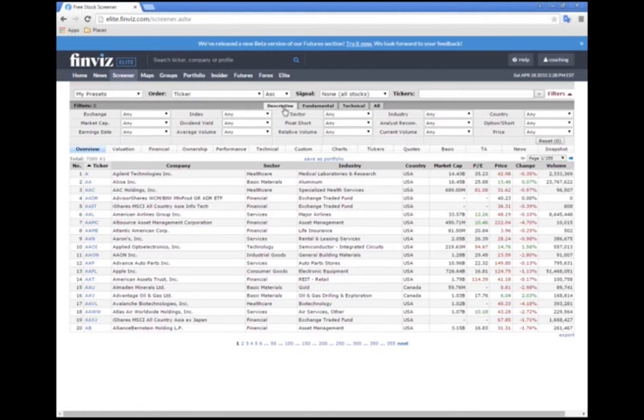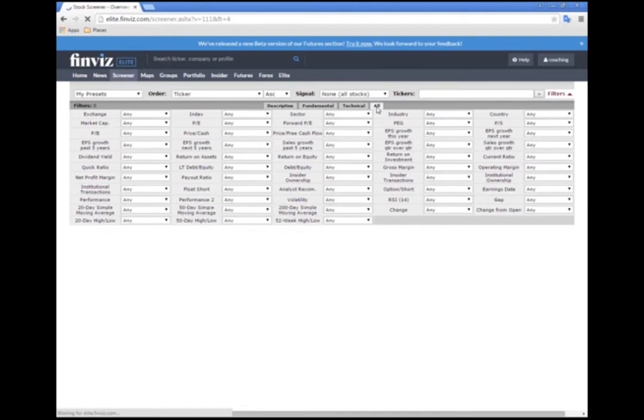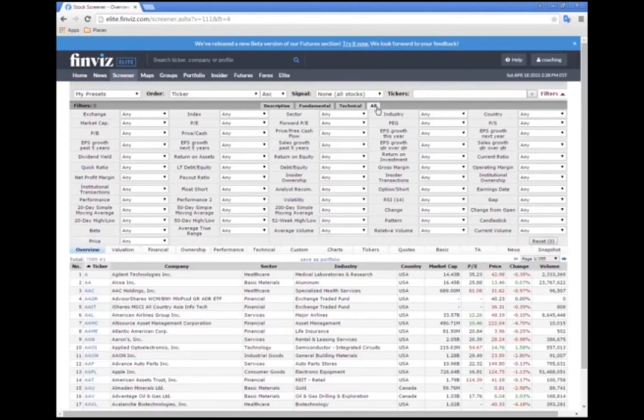So you've got that on the screen. We've got descriptive, fundamental, technical, and all. We're going to click on all, so we have all the information in front of us. Now we can start saying, all right, let's program the secret sauce into the scan. On the right-hand side, we have two boxes, one that says insider transactions and one that says institutional transactions.